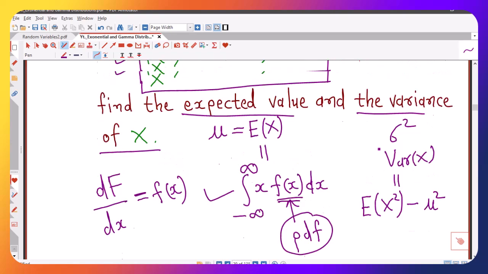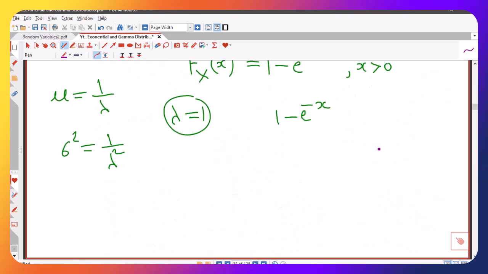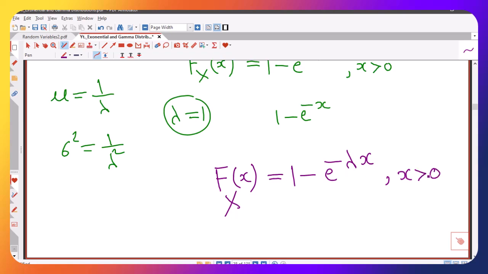So if you recall in earlier lectures of exponential distribution, we have seen that CDF of exponential distribution is given by this formula, 1 minus e raised to minus lambda x, where x is greater than 0. And we know that PDF of this exponential random variable is given by lambda times e raised to minus lambda x.